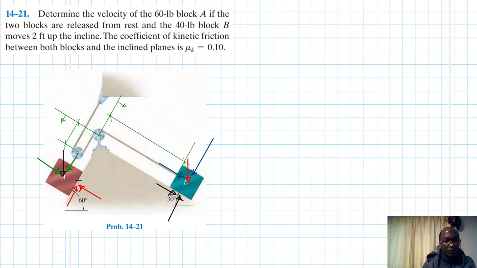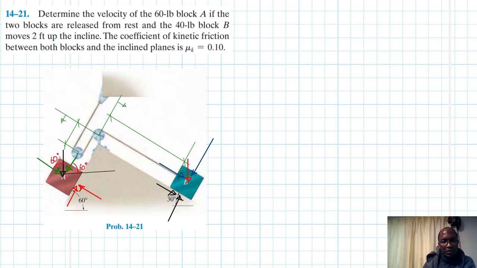What else? So the angles: if this is theta, this is 60, this becomes 30, and this will be 60. So this one here is 60, and the same on that side.